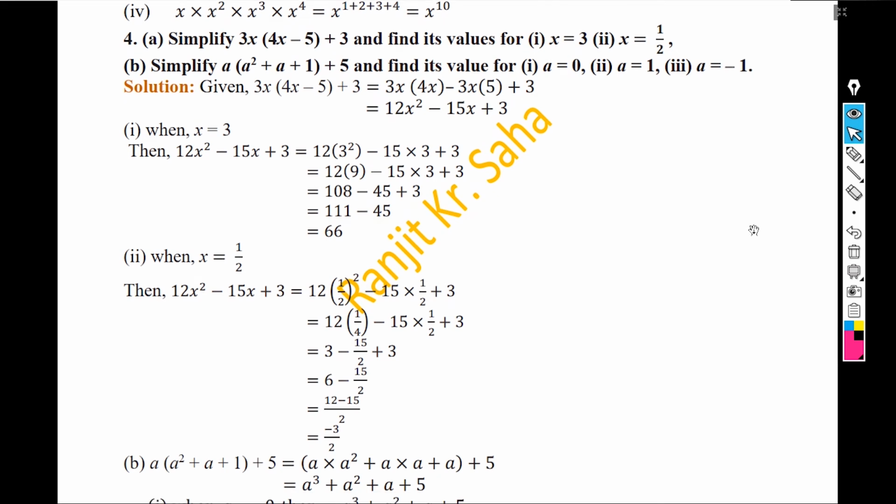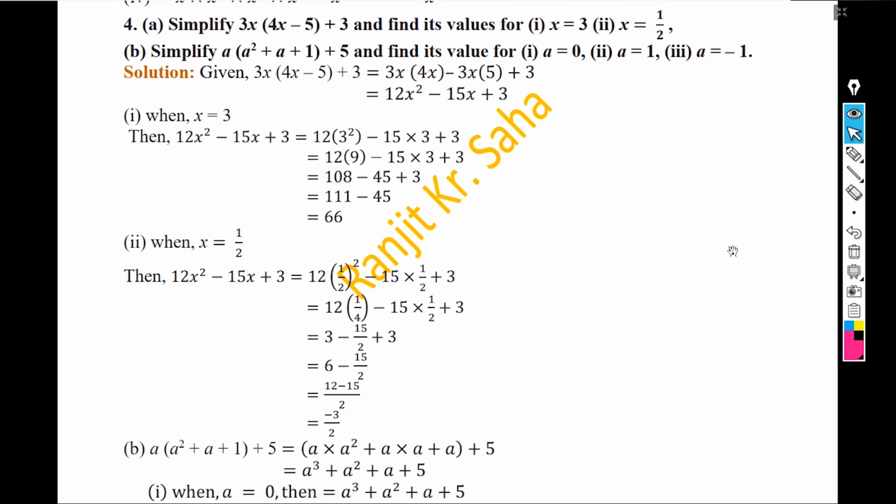And next let us come to question number 4. As we have solved in the examples, similar questions are here. First of all, you have to multiply this, simplify this one and find the value for x equal to 3 and x equal to half. Let us simplify. 3x into 4x minus 3.